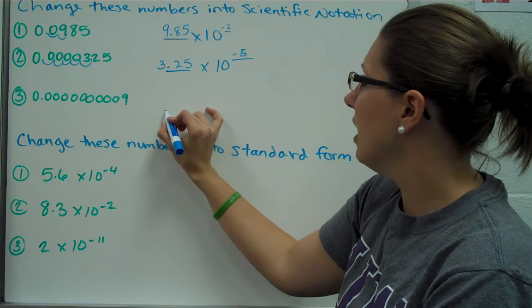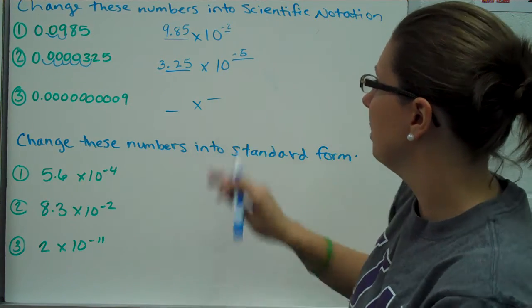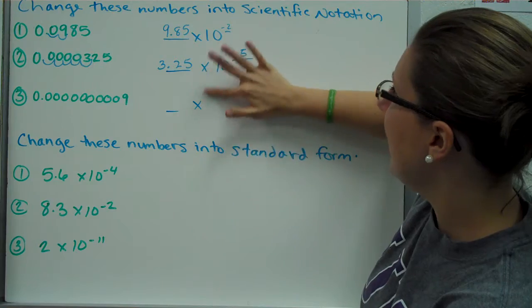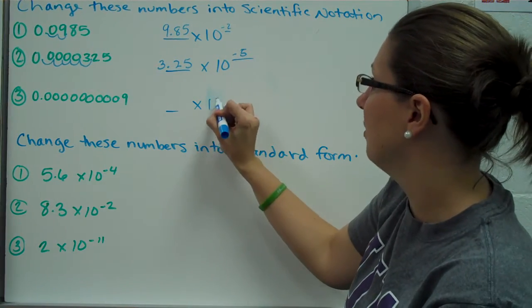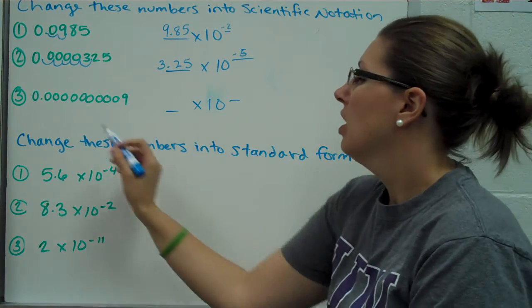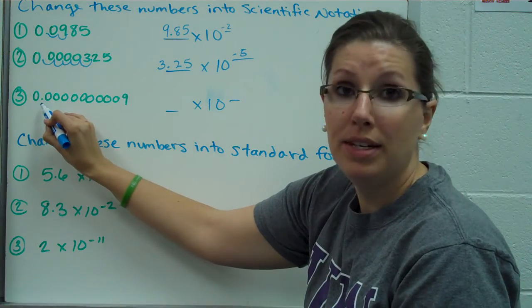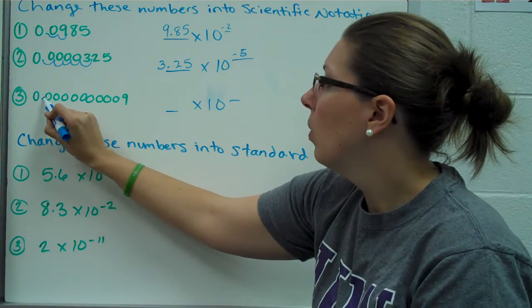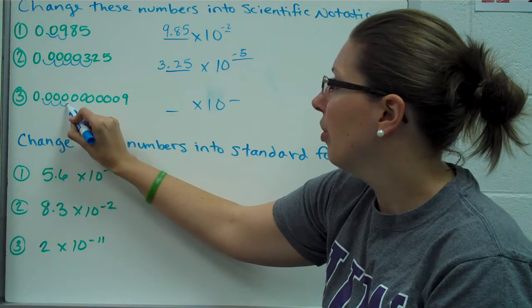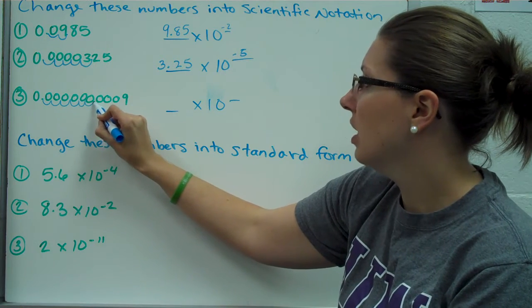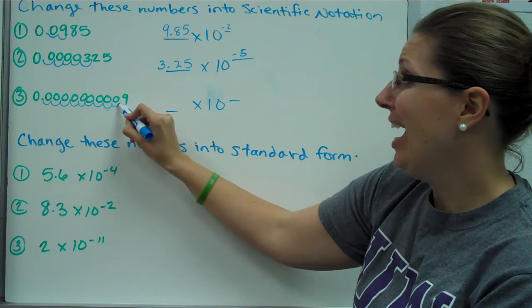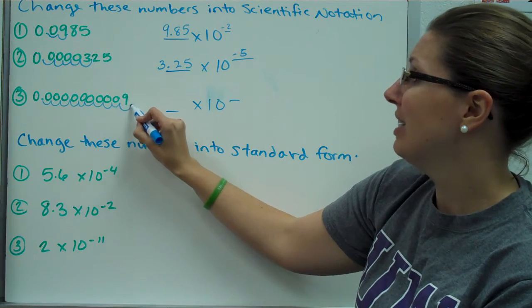All right, this next one, oops, my template's off. The next one here, I'm going to have to move a lot. So I'm going to move, starting with the decimal where it is, 1, 2, 3, 4, 5, 6, 7, 8, 9, not enough, 10.